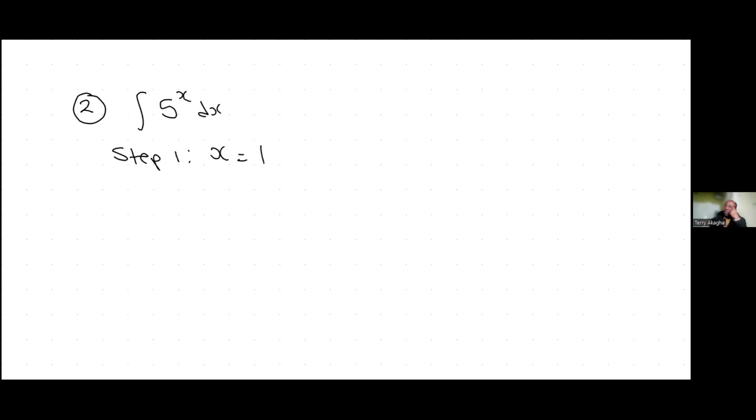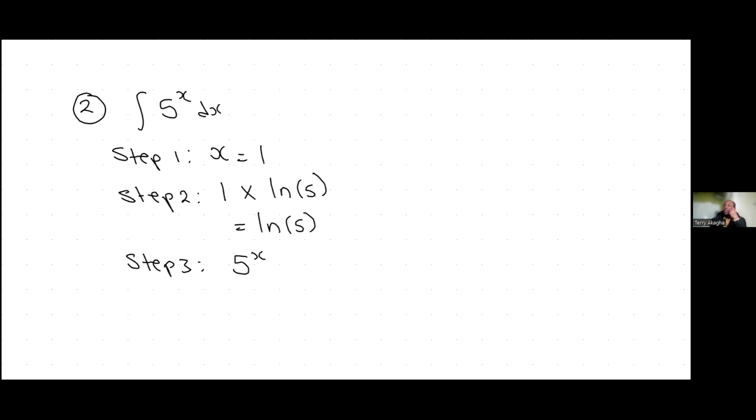Step 2, you multiply it by the ln of the base of the exponent, which is ln 5. And 1 times ln 5 will give you ln 5. Then step 3, we divide the original question by the answer we get here. So it's going to be 5^x divided by ln 5.